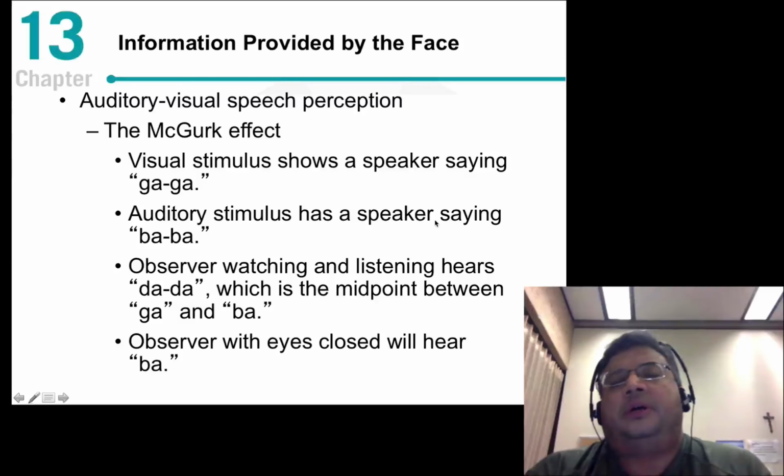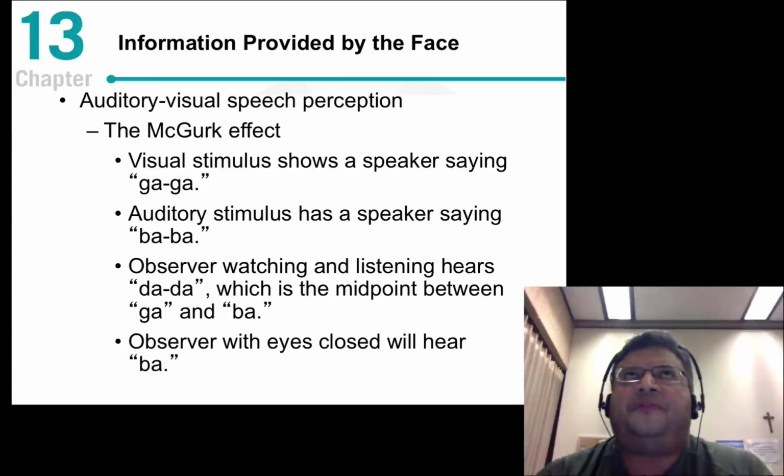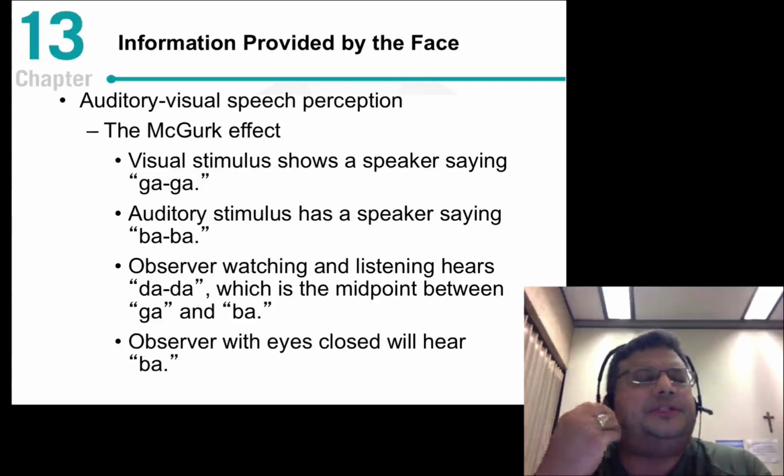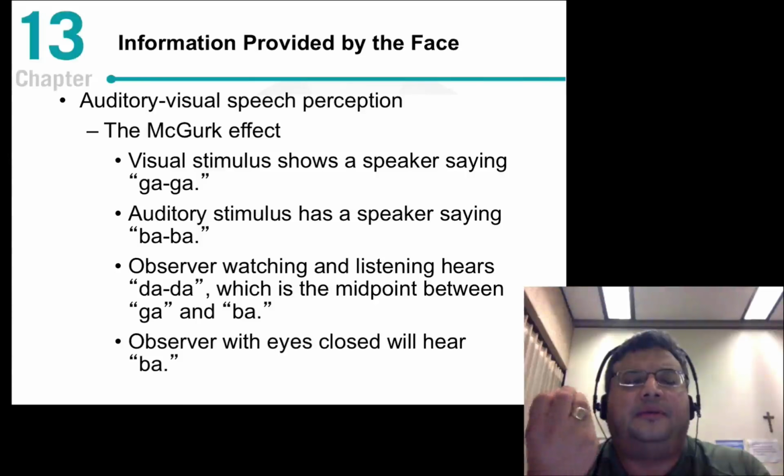We also use facial feedback when we're perceiving voices. So not only do we listen to the sound of the voice, we also watch the movement of the lips and the movement of the mouth.